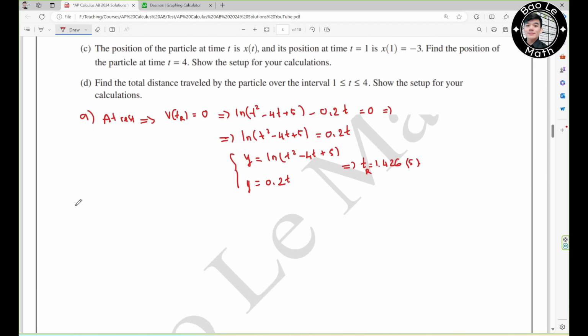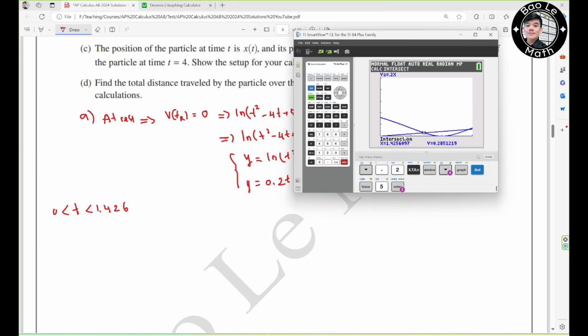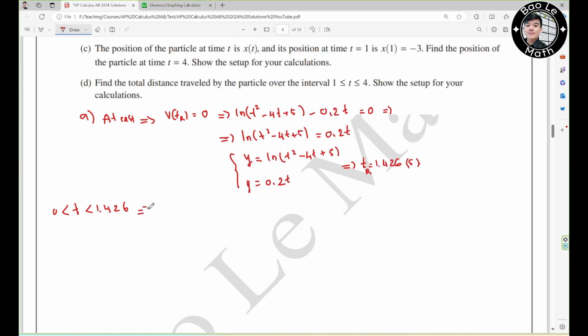For t between 0 and tr, is the particle moving to the right or to the left? Alright, so from t greater than 0 to 1.426, you see the graph right here, V of t is greater than 0. Or you can pick a number between 0 and 1.426 and substitute over here, and you will see that V of t is greater than 0. For example, I check V of 1. It's going to be natural log of 1 squared minus 4 plus 5 minus 0.2 times 1.